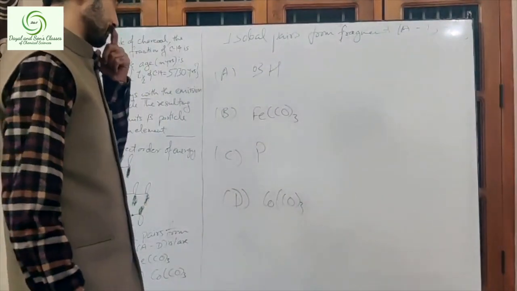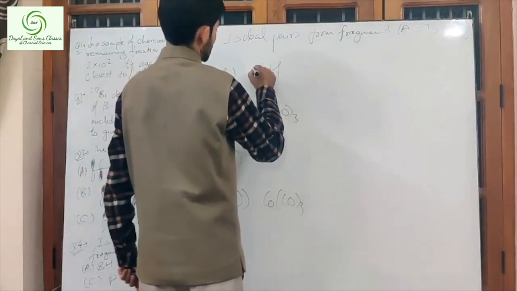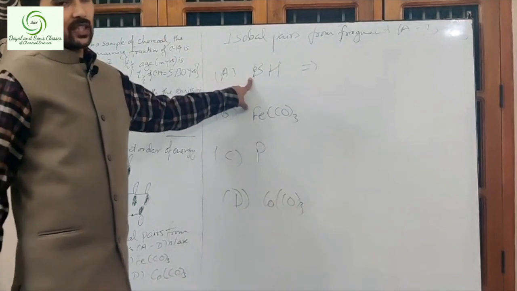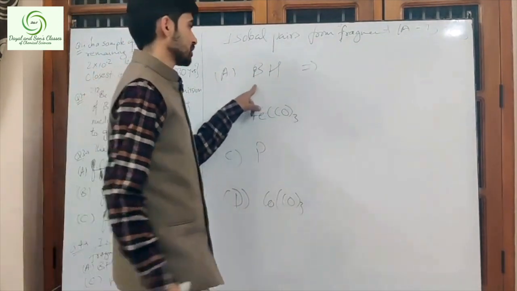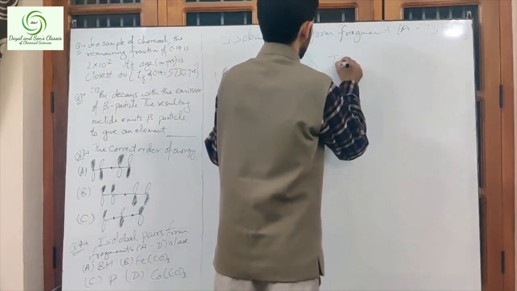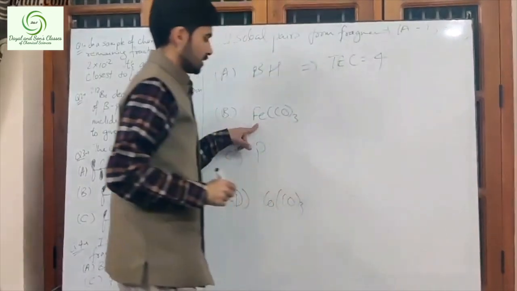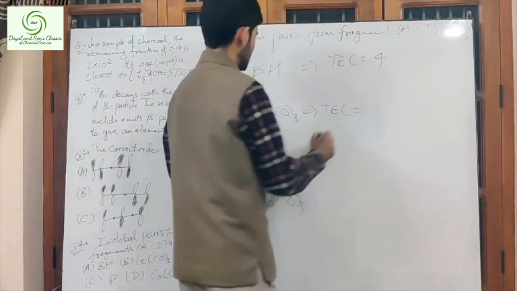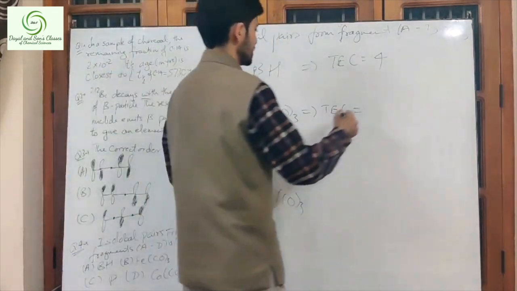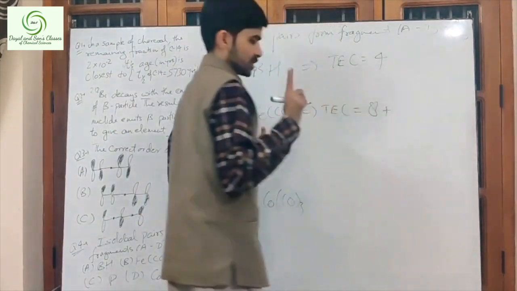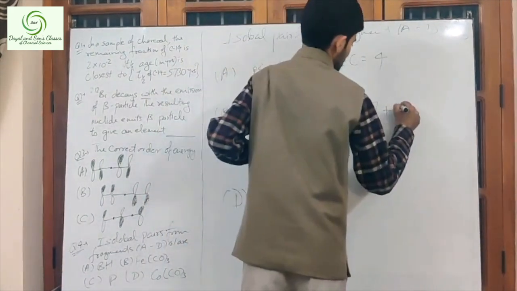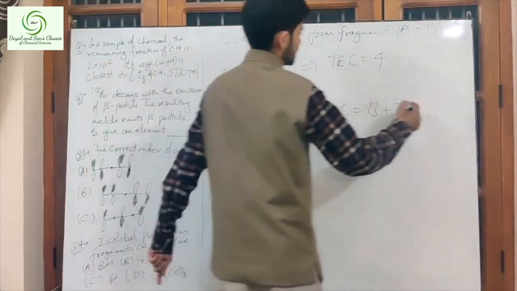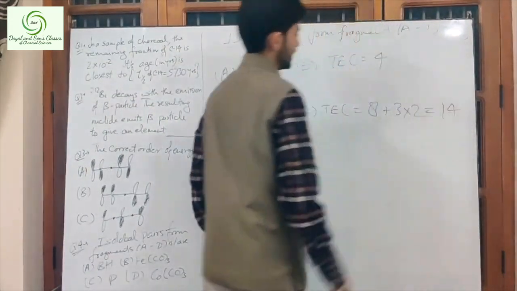Now let us see. Boron contributes 1 electron, H contributes 1, so the total electron count for this is 4. For this fragment, the total electron count is: iron contributes 8, there are 3 COs, 1 CO contributes 2, so 3 into 2, this will give me 14, 8 plus 6, 14.